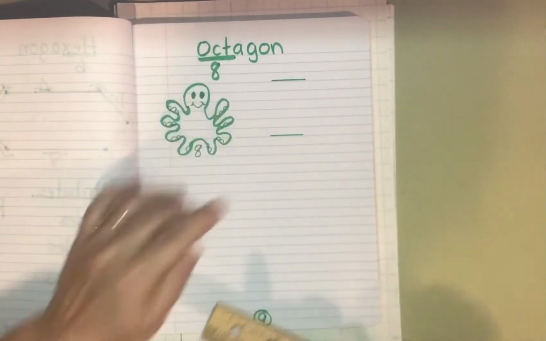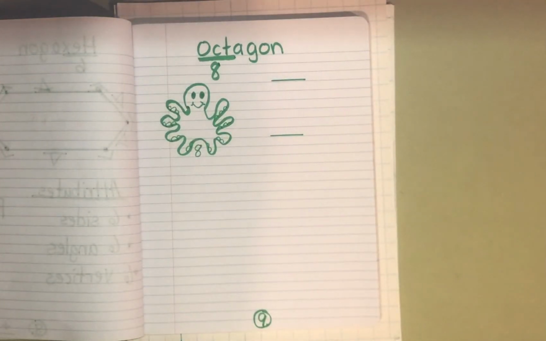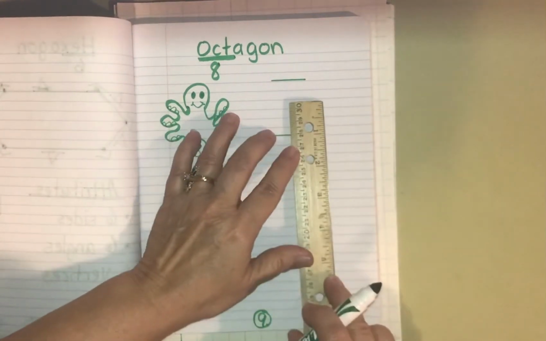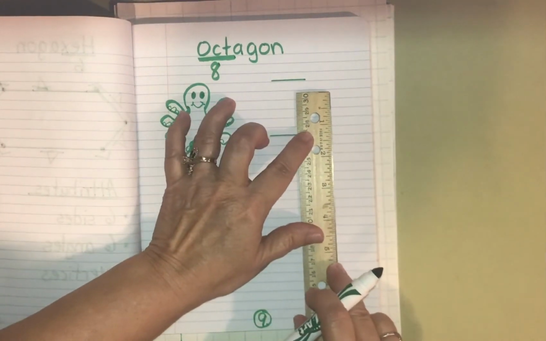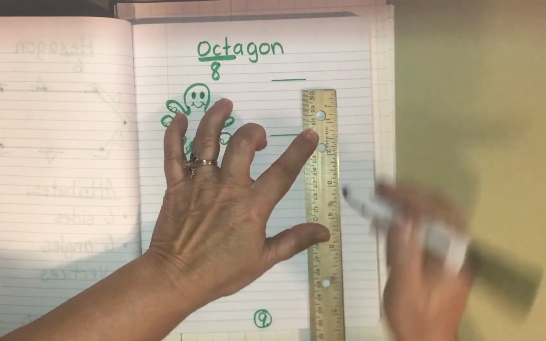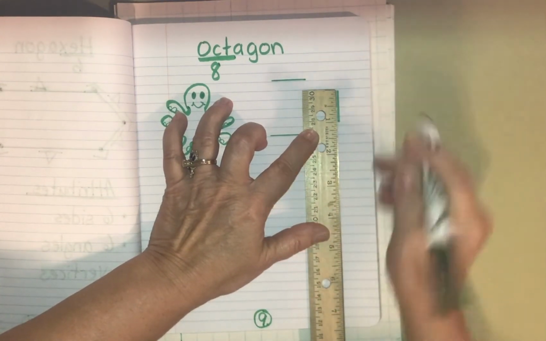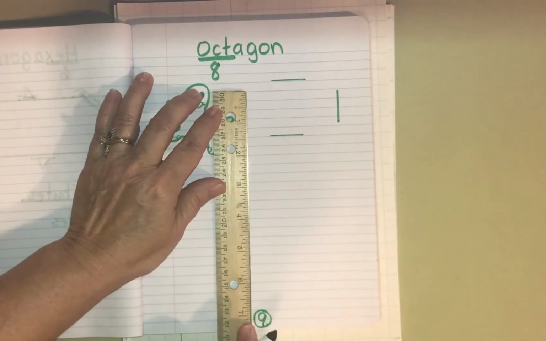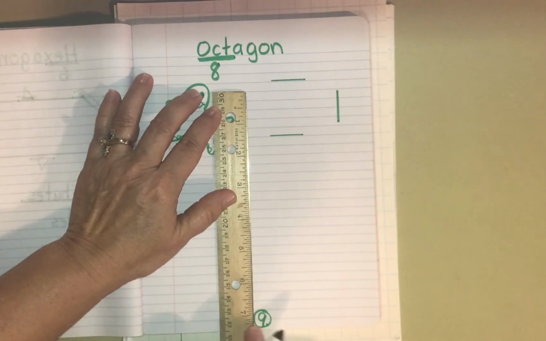So we've got 2 parallel horizontal lines, okay? And from there, we're going to go out to the sides, and we want to make it 1 inch on this side and 1 inch on this side.